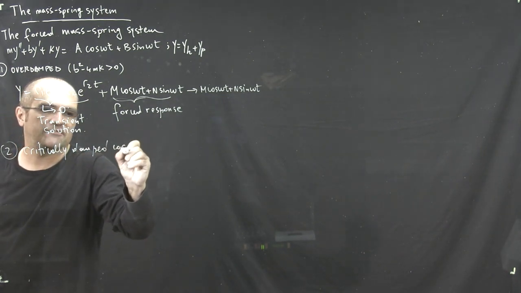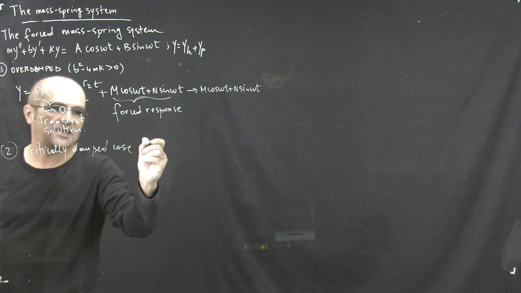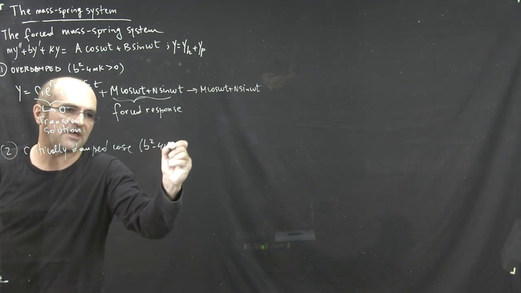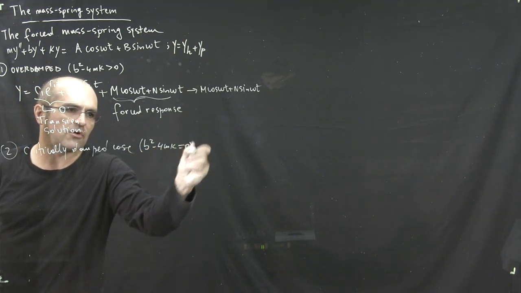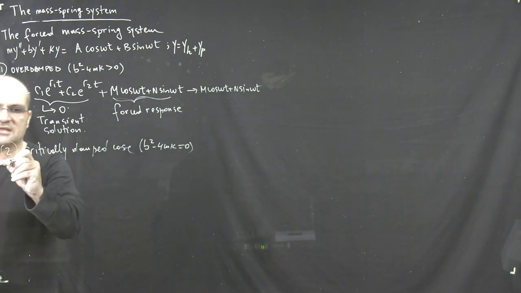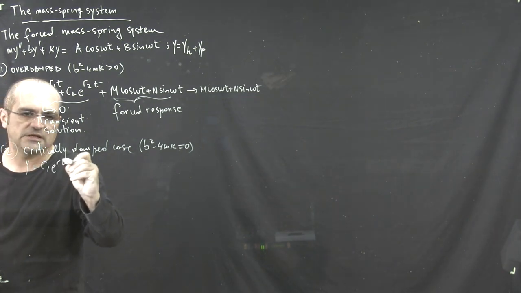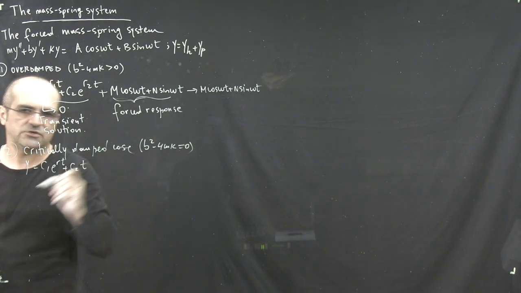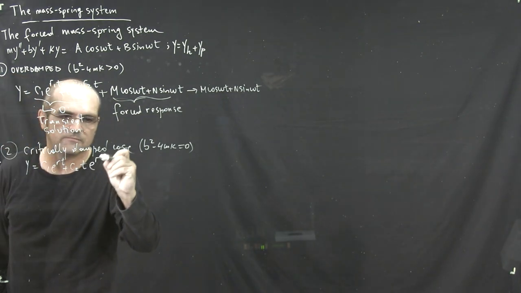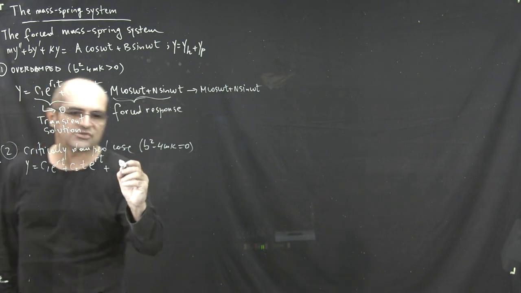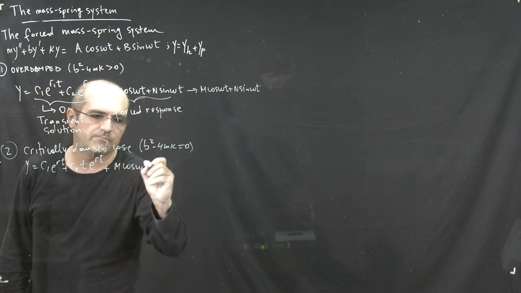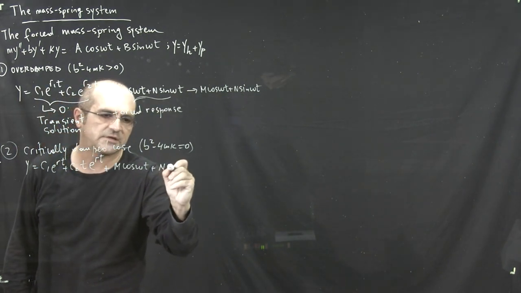again, we're going to have the homogeneous part. So again, that happens when b squared minus 4mk is equal to 0. So in the critically damped case, we have y equals c1 e to the rt, the double real root, c2 t e to the rt, and again some combination of cosine sine of omega t.